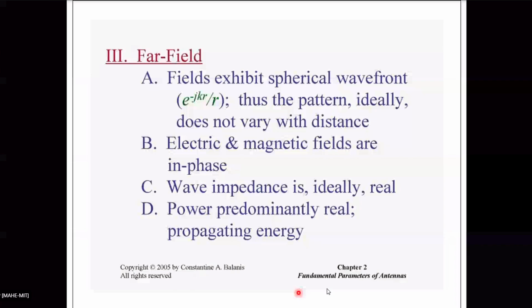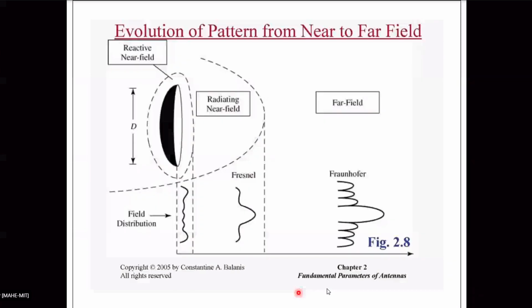Yes, sir. Okay. Now you see a typical antenna, the far field region, the radiating near field region, and far field. Reactive near field region, he has divided. He has shown the pattern for field distribution.